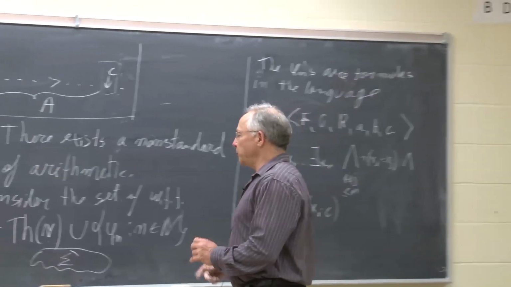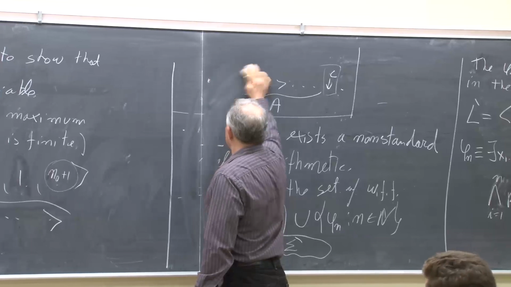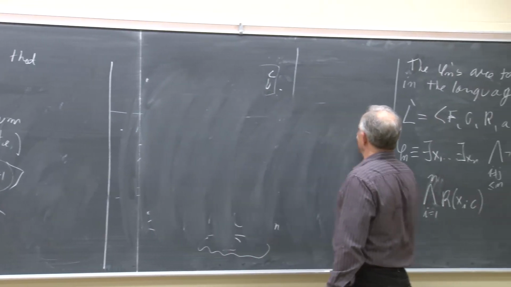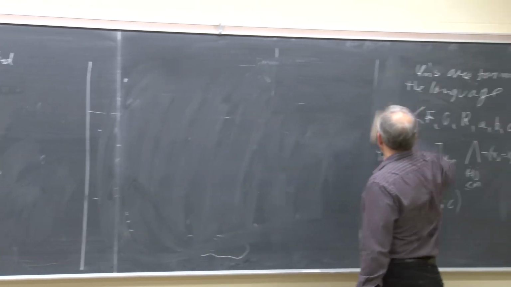So let me make two more comments on the proof, just to clarify where the catch is. One comment is, what would happen if I tried to avoid introducing a new constant?